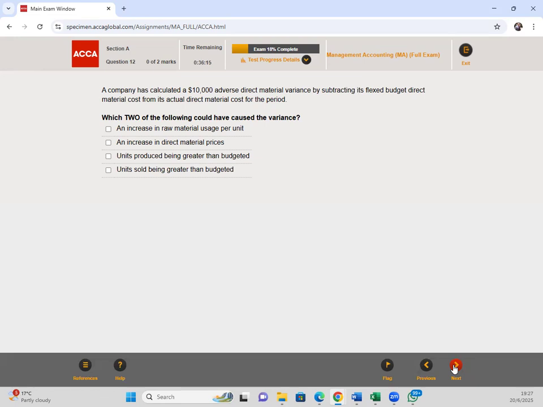Which can cause adverse material variance? What can cause us to have an adverse material variance?